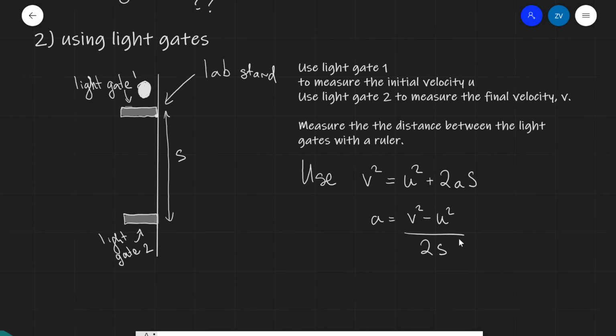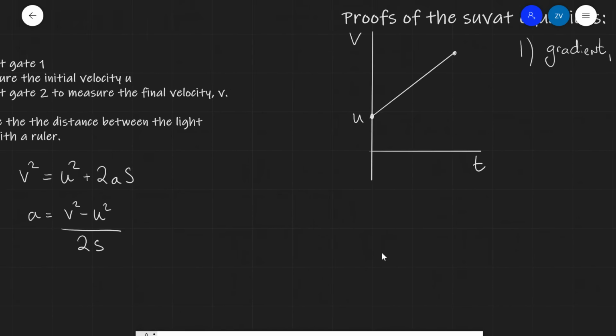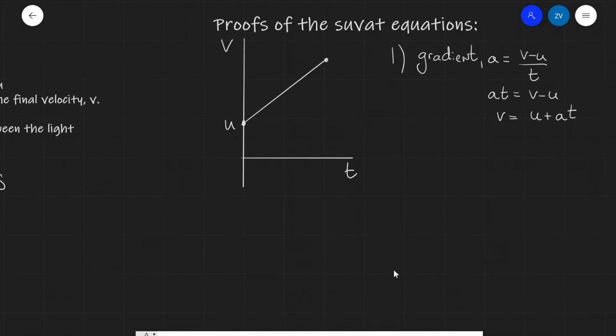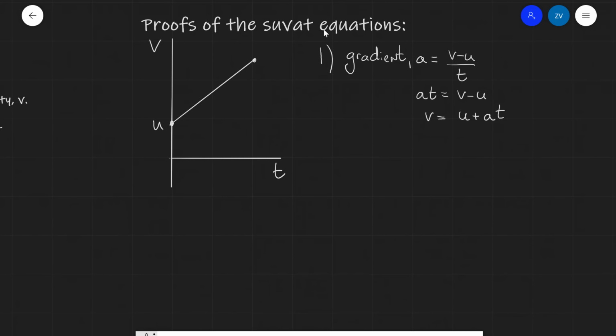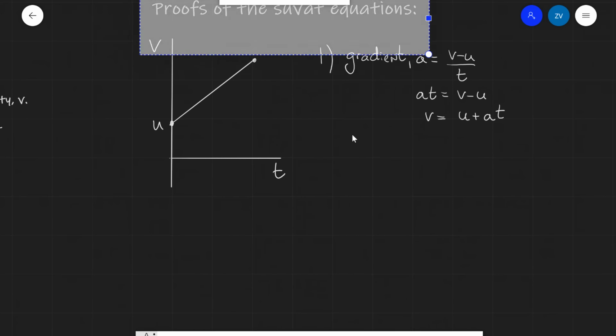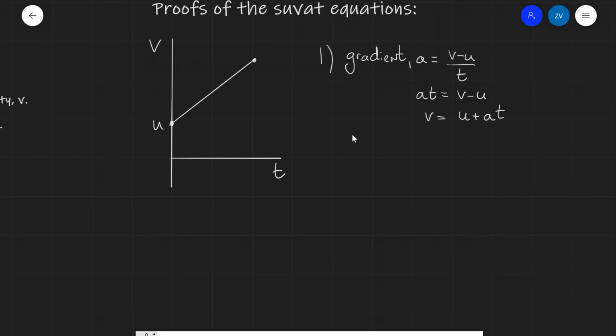Now, one more thing that we can potentially get asked on exams is proving the equations of motion. So let's have a look at some proofs of the SUVAT equations. Imagine that we have a v against t graph, so velocity against time, and we start from some initial velocity u.